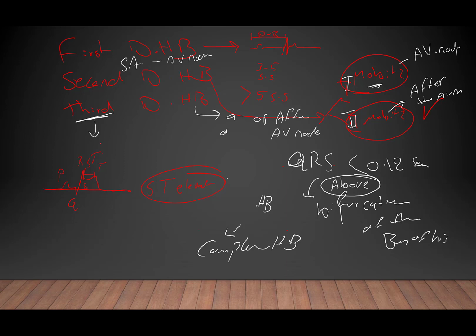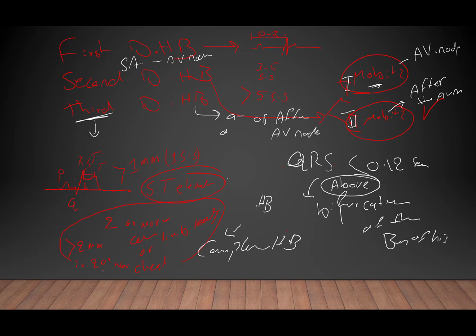It is significant when it is greater than 1 millimeter, or what we call 1 small square, in 2 or more contiguous limb leads, or more than 2 millimeter in 2 or more chest leads.